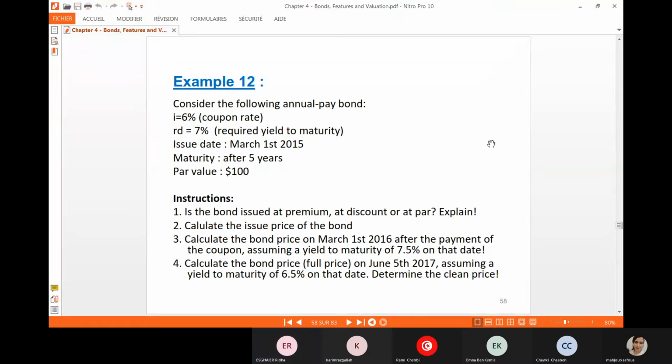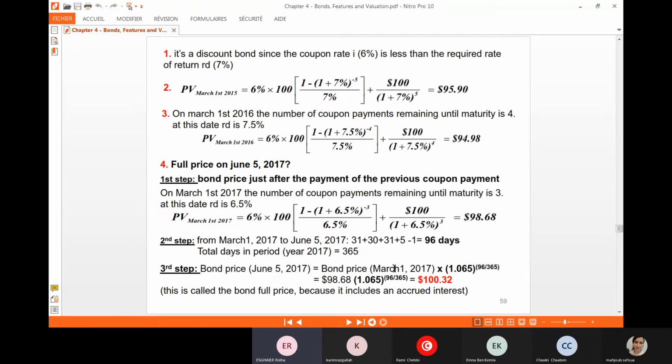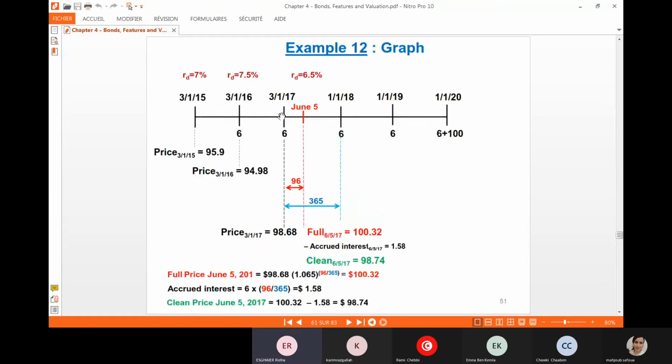So, if we observe the timeline, June 5th, 2017. To be able to estimate the value of the bond on June 5th, 2017, we need to estimate its value at the date of the previous coupon payment date, which is March 1st, 2017.